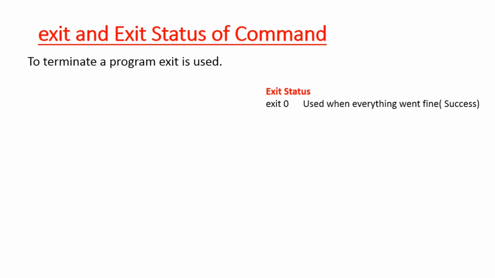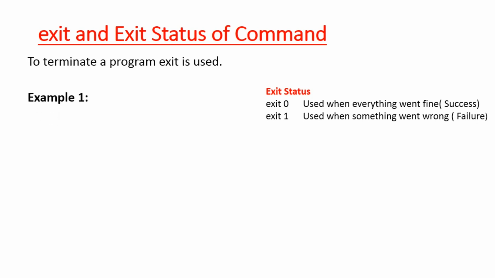If the shell script executes successfully and you get the answer based on the requirement, then we use exit 0. Exit 1 is used when something went wrong, that is for failure, if the program failed in executing or failed in giving a correct output.